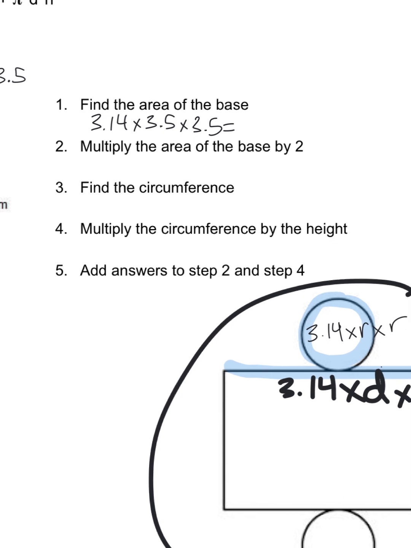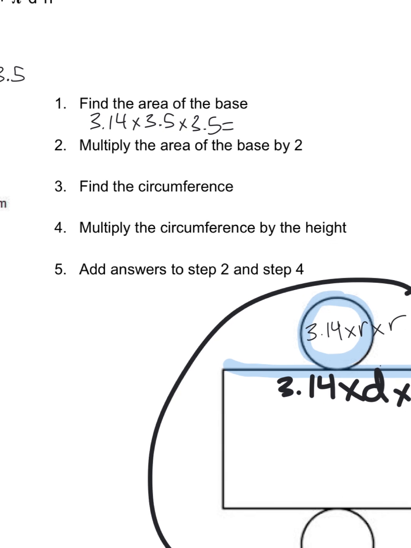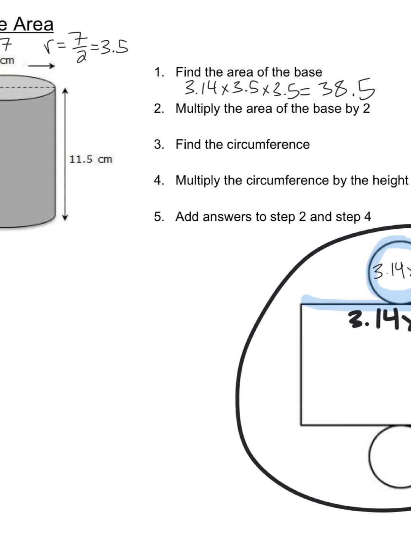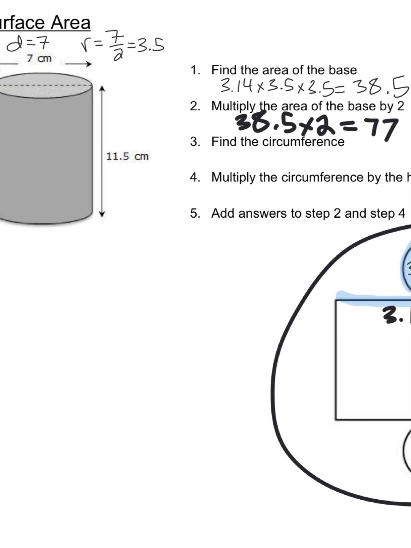If you type that into your calculator, you should get about 38.5. Because there is a circle both on top and on bottom, we multiply 38.5 by 2 to include both circles. So this is going to be 77 units squared, centimeters squared.